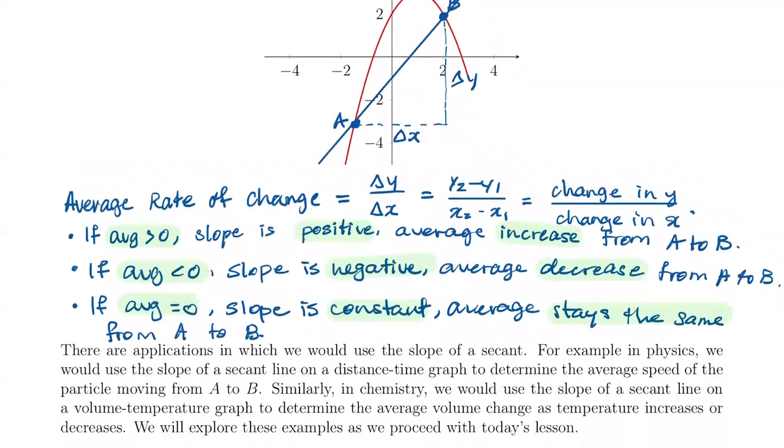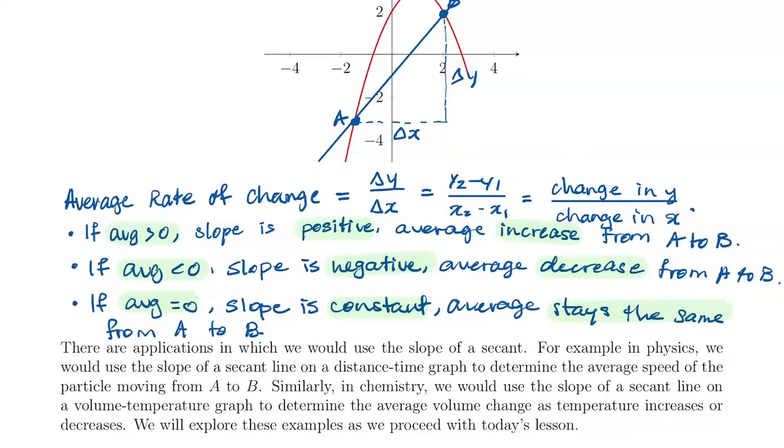Sometimes in chemistry as well, we would use the secant line to determine the average volume change as temperature changes. So we will explore some of these examples in today's lesson as well.